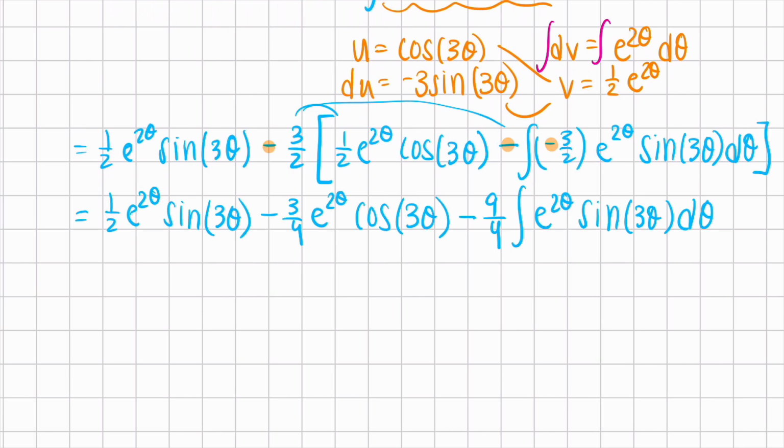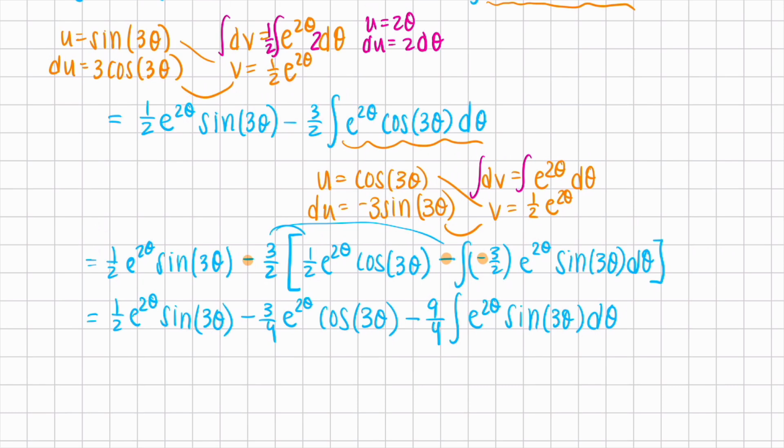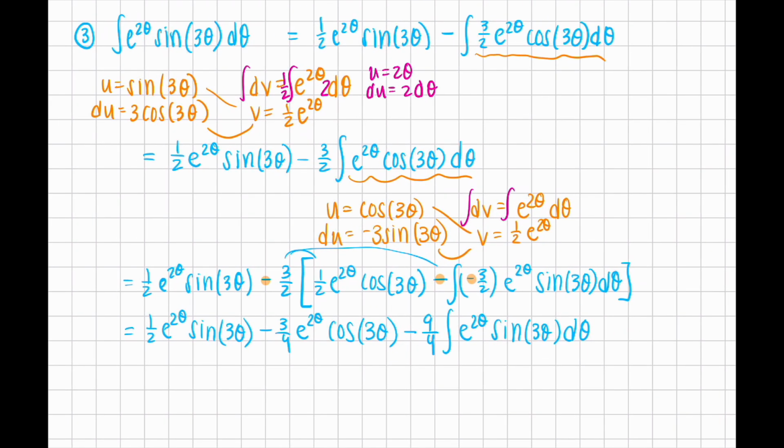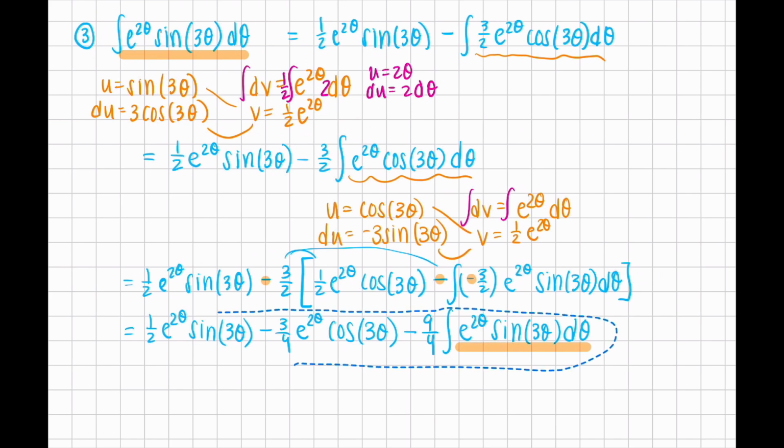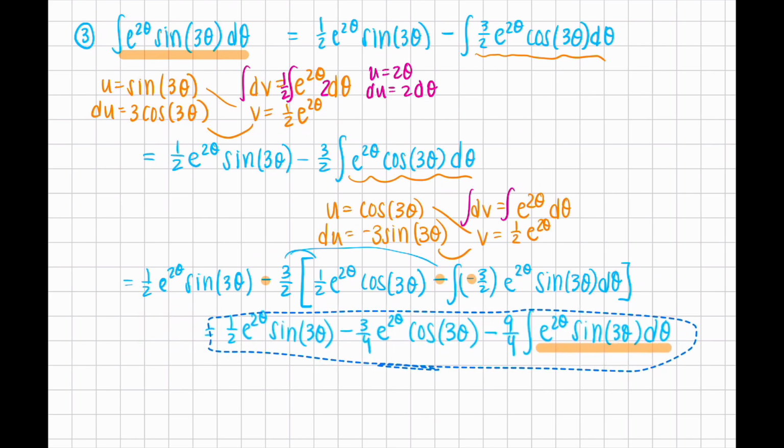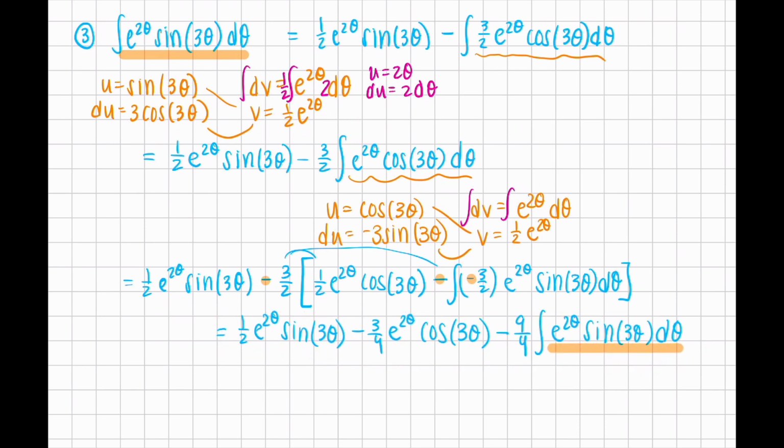Now at this point, you might be thinking, this isn't getting us anywhere. And it isn't, but it also is. So I want you to notice I have e to the 2 theta sine of 3 theta right here. And this is the integral that we started with. So I'm going to move our work over a little bit. So at this point, we are saying, and I'm going to copy this, we are saying that my original integral equals all this stuff that includes the integral.